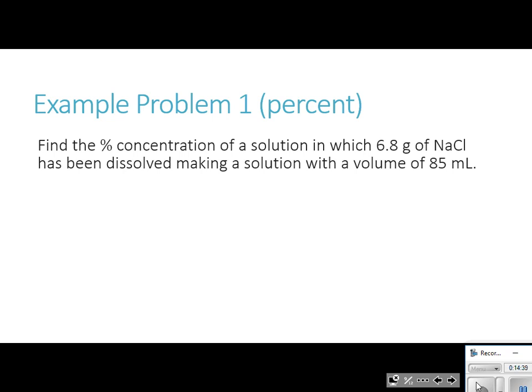So what we need to do is make sure that we have milliliters and grams, which I already have. If not, I would have to convert those to either milliliters or grams. But I have them, so my first step's already done. My second step is to take the amount of the solute, 6.8 grams of NaCl, and divide it by the amount of the solution.